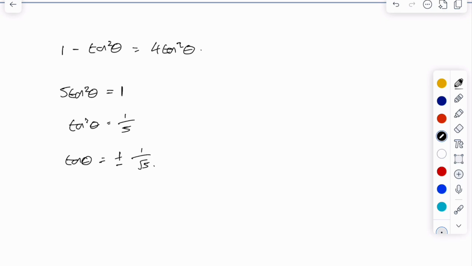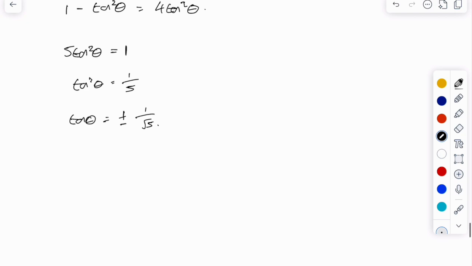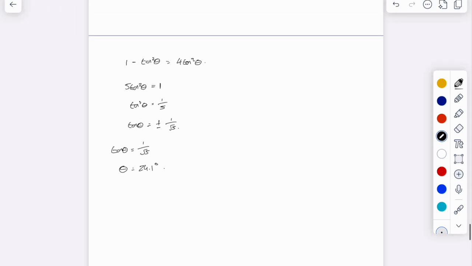So let's assume now that tan theta is equal to 1 over root 5. Therefore, theta is going to equal 24.1. Okay, so in this instance, tan is positive.